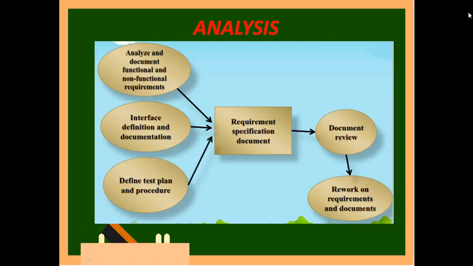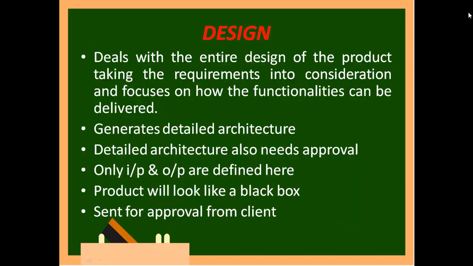Analyzing. Now analyzing is nothing but seeing how the same product can be done in all ways, and the best way will be recorded and written as a document, and the document will be saved. Then design deals with the entire design of the product, taking requirements into consideration, focusing on how the function can be delivered. Then a detailed architecture is also needed for approval.